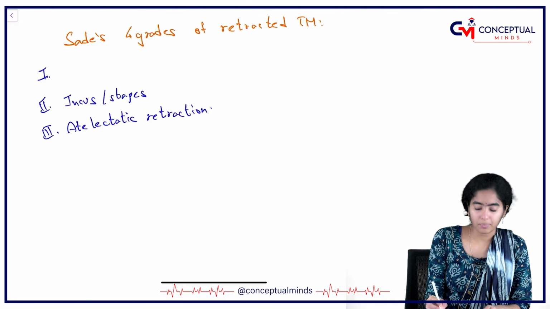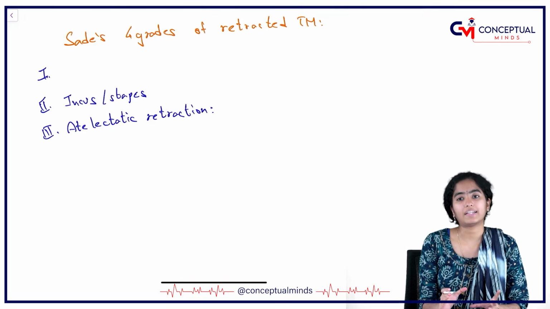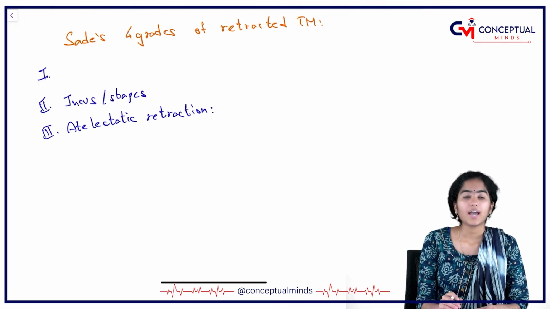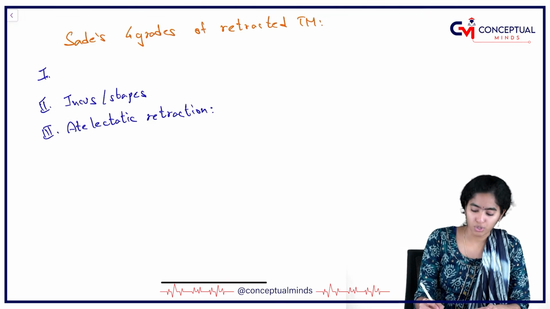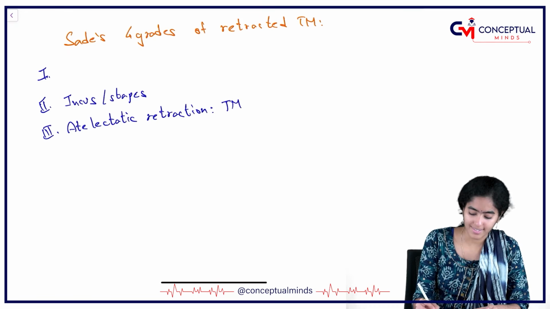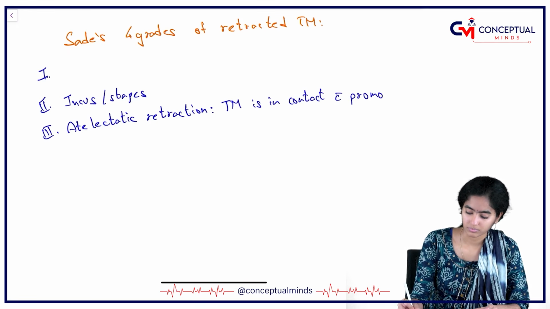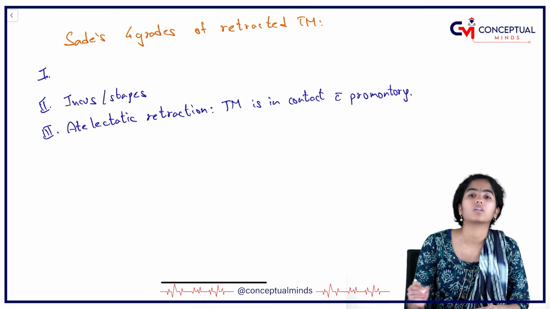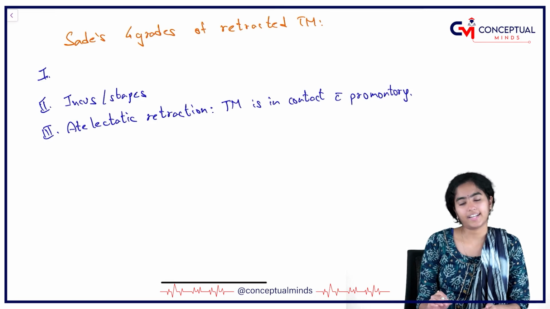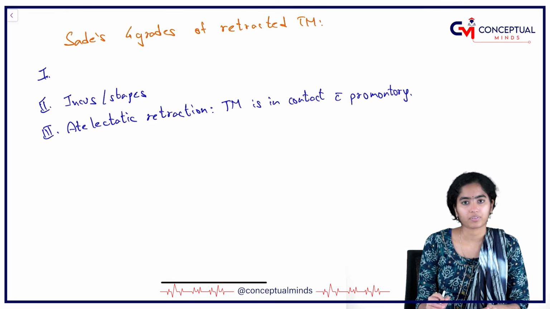Here, the tympanic membrane is almost occupying the entire middle ear. It's in contact with the promontory. This is an atelectatic retraction.